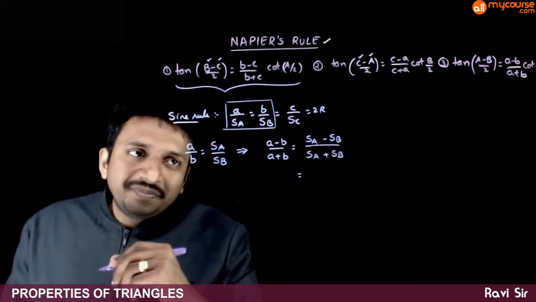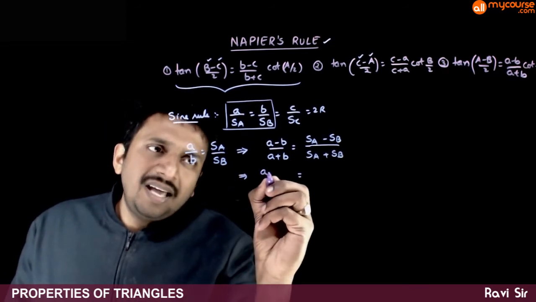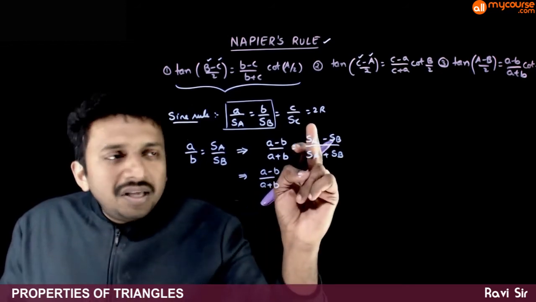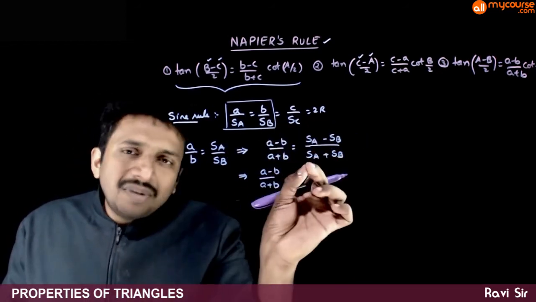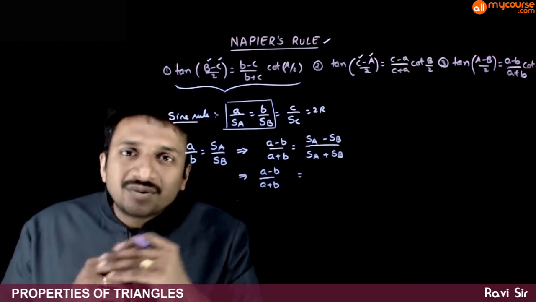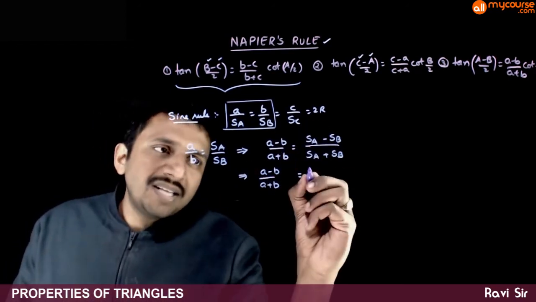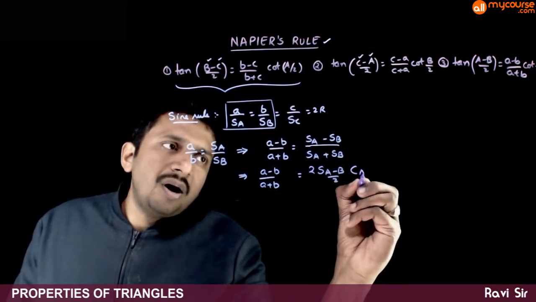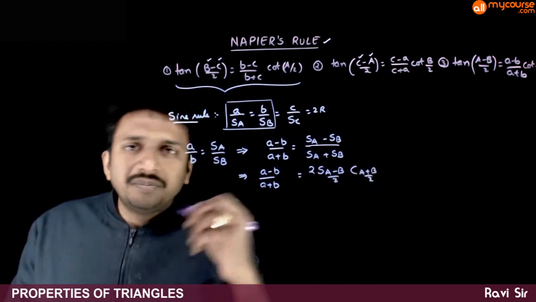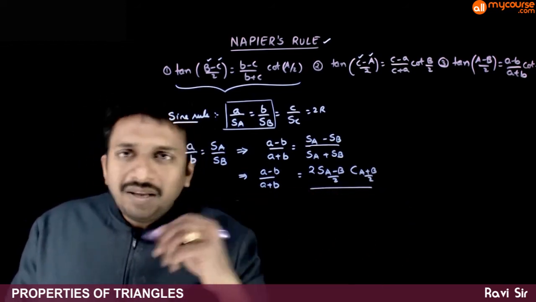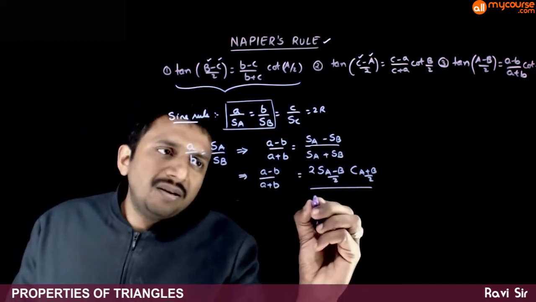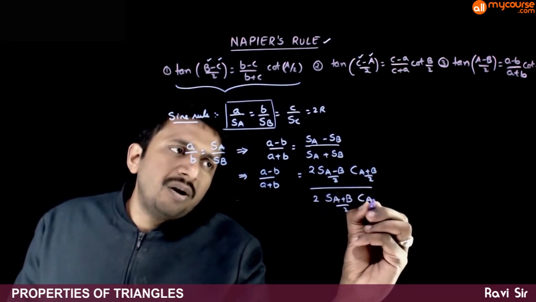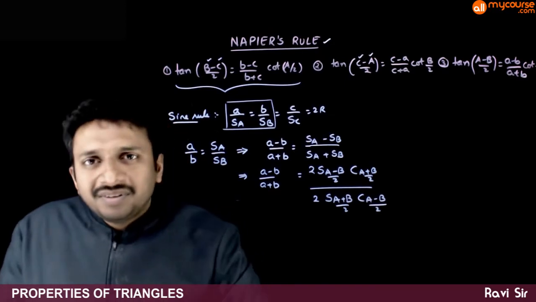So this implies (a − b)/(a + b) is equal to (sin A − sin B)/(sin A + sin B). You can use transformation formulas. What is sin A − sin B? 2 sin (A − B)/2 into cos (A + B)/2, divided by, what is sin A + sin B? 2 sin (A + B)/2 into cos of (A − B)/2.